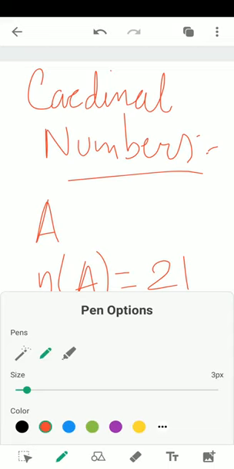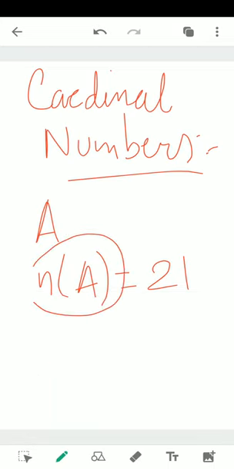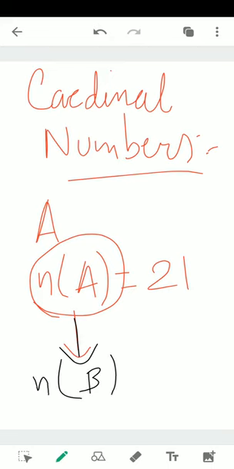So this is how we denote cardinal number. This is nothing but the cardinal number of this set. So n(A) equals 21. If set B is there, then we write n(B) equals, if B was the number of students in section B, something like 22. So this is how we define cardinal number.